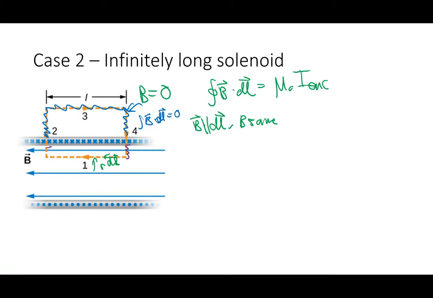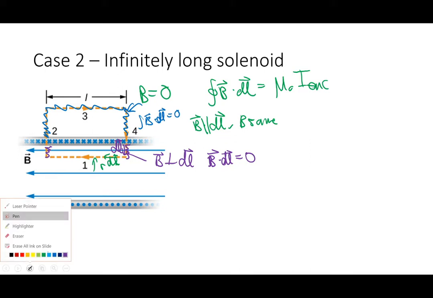These parts, you have non-zero B, that's true, but B is perpendicular to my dl in those cases. dl goes that way in those cases, so therefore your B dot dl, being a dot product, evaluates to 0. So the only part that has this integral B dot dl is this chunk here.